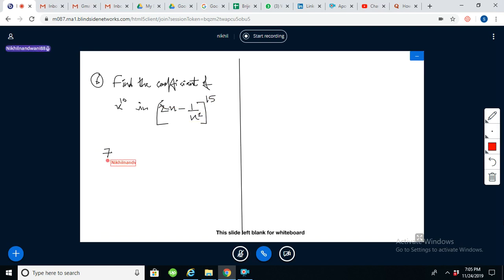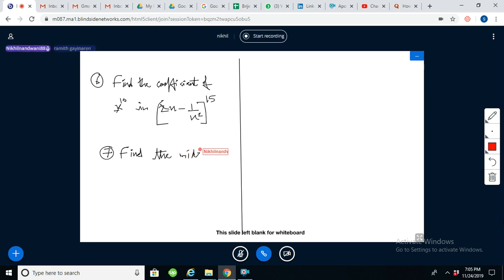Can you tell me how we'll do this question? Find the coefficient of x to the power 10. Using the nCr function on my calculator, put 15 in, so then I can get the coefficient.